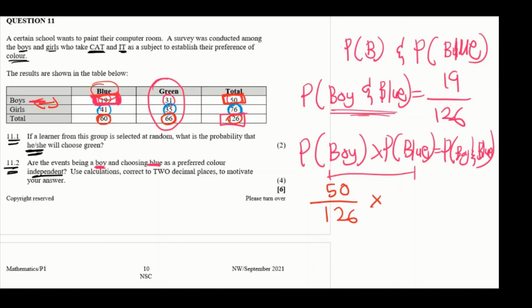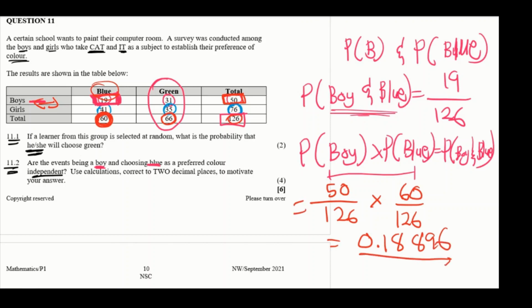What is the total number of blue, combining both boys and girls? It's 60, so 60 divided by the total number of students, 126. The answer you're going to get here is 0.18896, the product of these two.